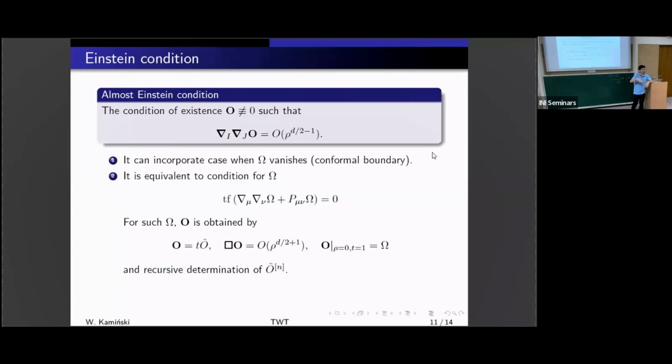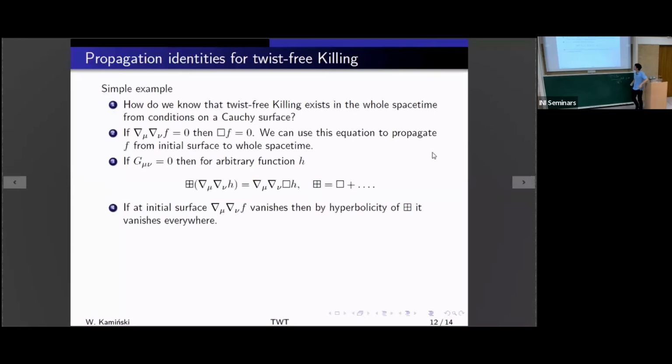How to show that the whole development will have a Killing vector? Of course, there might be some abstract argument, but if you want to show it by the hyperbolic system, there is a way. And the way is the following. You show something that is sometimes called propagation identities.